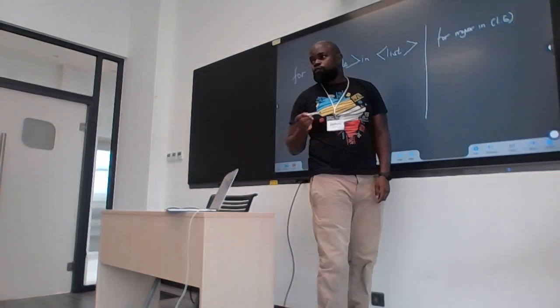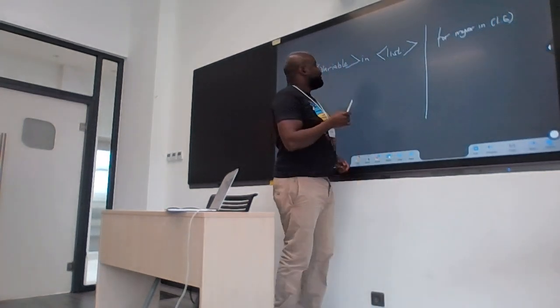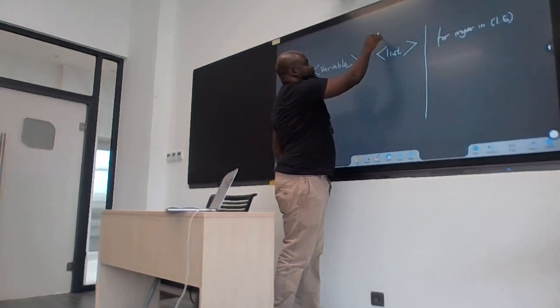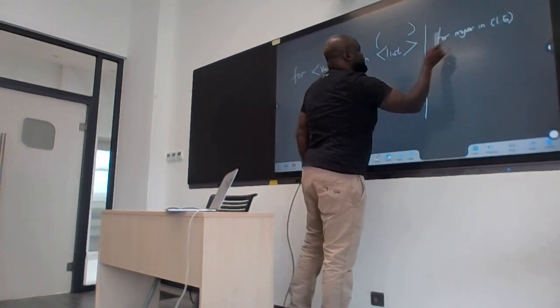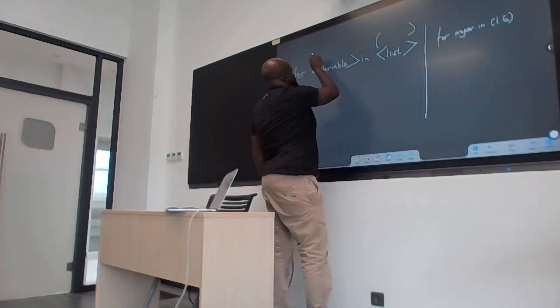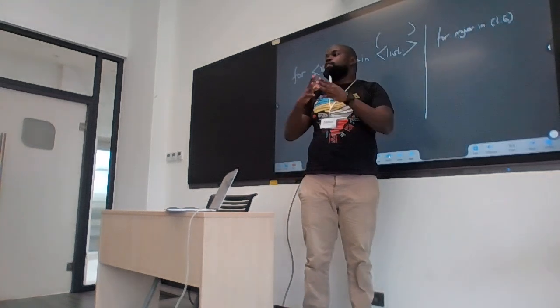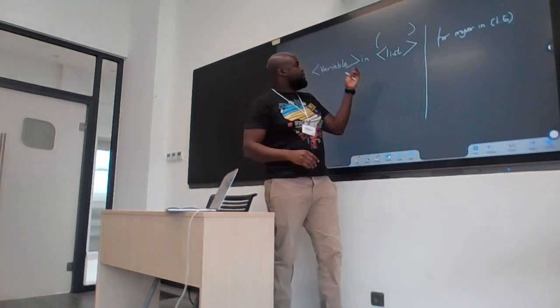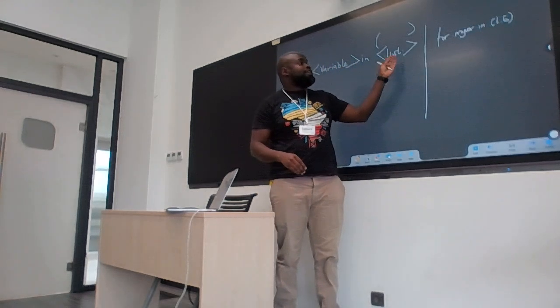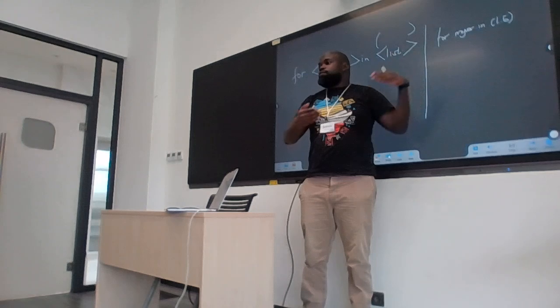Someone was asking, why is it that we are putting brackets here for the list, but for the variable we are not putting a bracket? Because essentially they are two different things. One is a variable, one is a list. A list, you can just list it out.